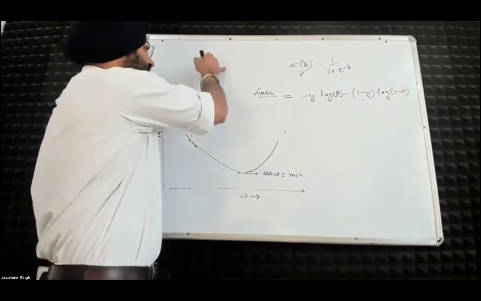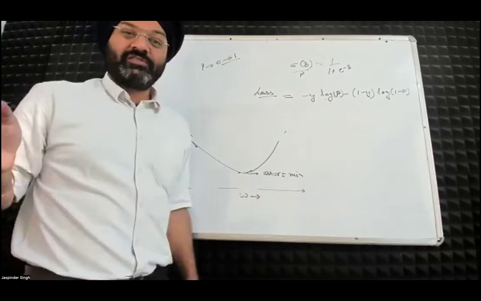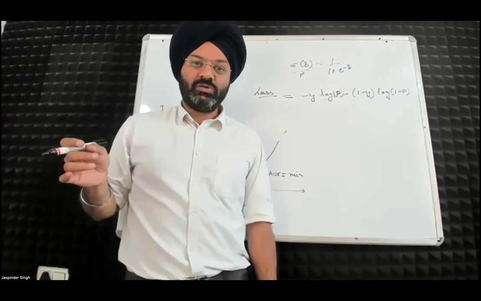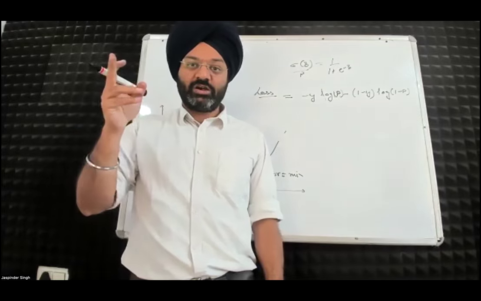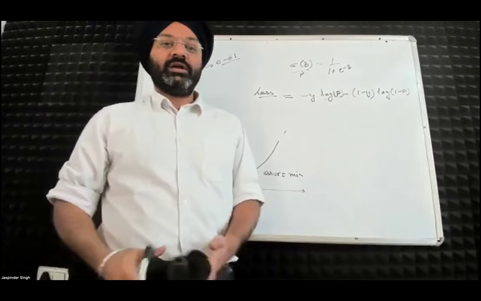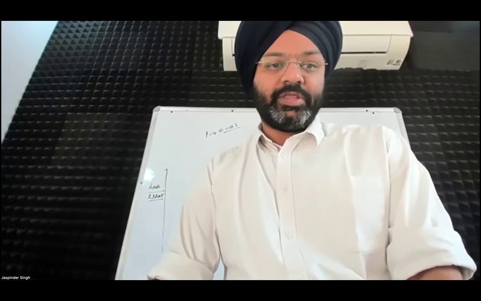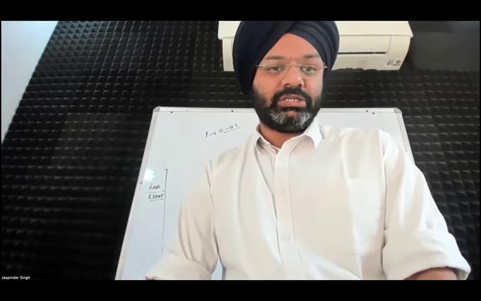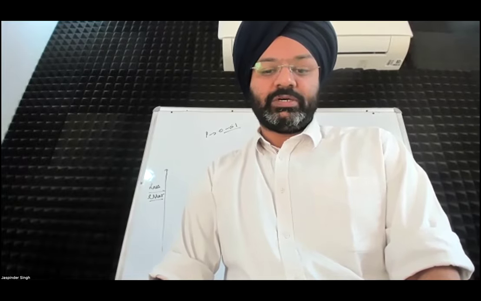Now remember, p is between 0 and 1. What are the log values between 0 and 1? Remember, we had seen the log curve. Yes, negative. The log values are negative. Just to remind you or warm up your nerves again with the log curve, remember, this was the log curve.